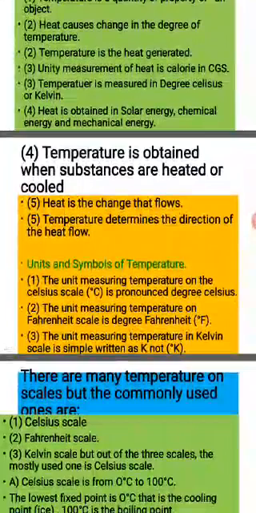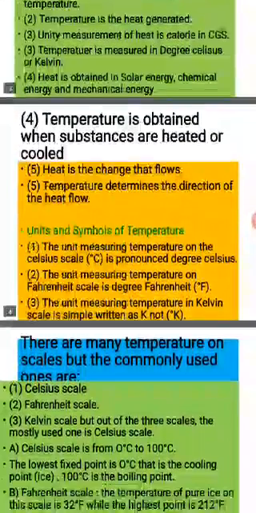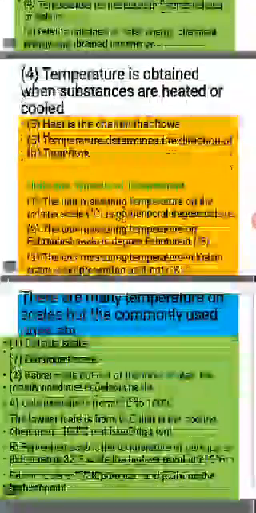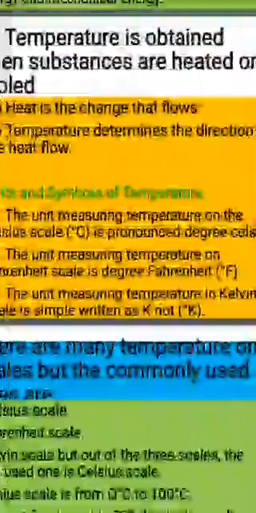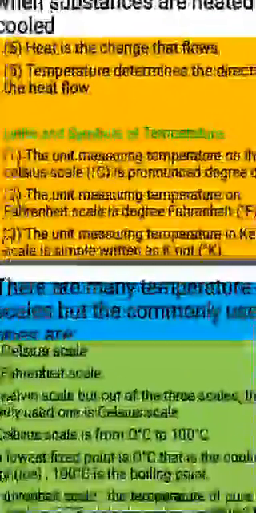Then the 4th one: heat is obtained from solar energy, chemical energy, and mechanical energy, but temperature is obtained when substances are heated or cooled. The 5th one: heat is energy that flows, but temperature determines the direction of the heat flow.